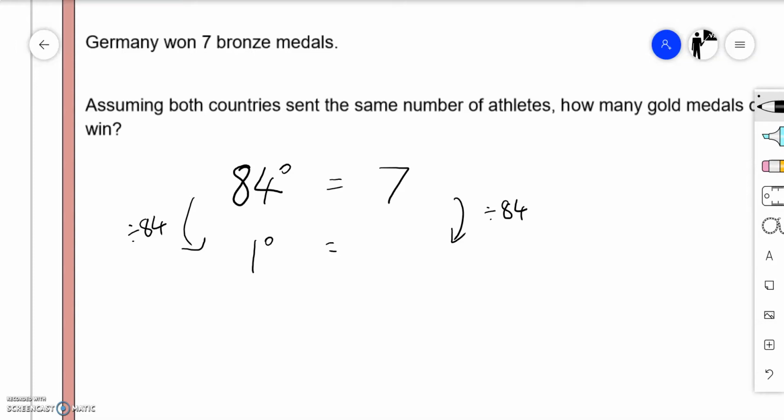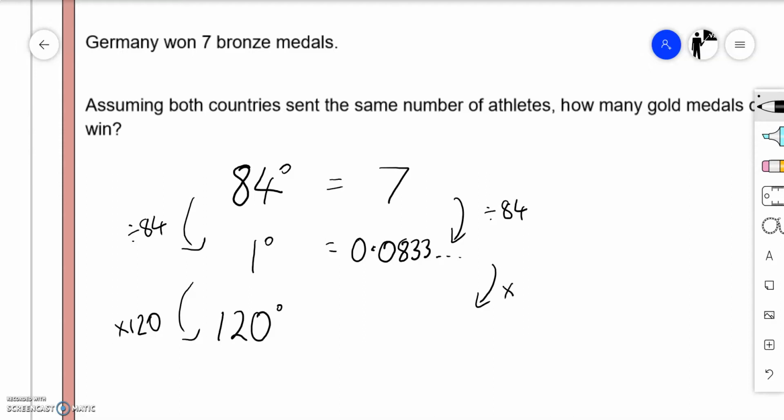7 divided by 84 is 0.08, sorry, 0.0833. And if we want to work out how many won gold, that was 120 degrees. So we're going to need to multiply this value by 120.